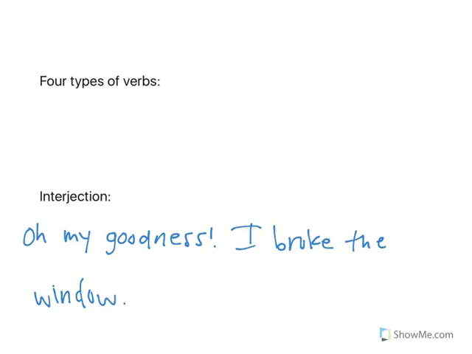So the main part of this sentence is, I broke the window. But, oh my goodness is an interjection that explains sudden emotion, and it's not grammatically connected to the rest of this part of the sentence.